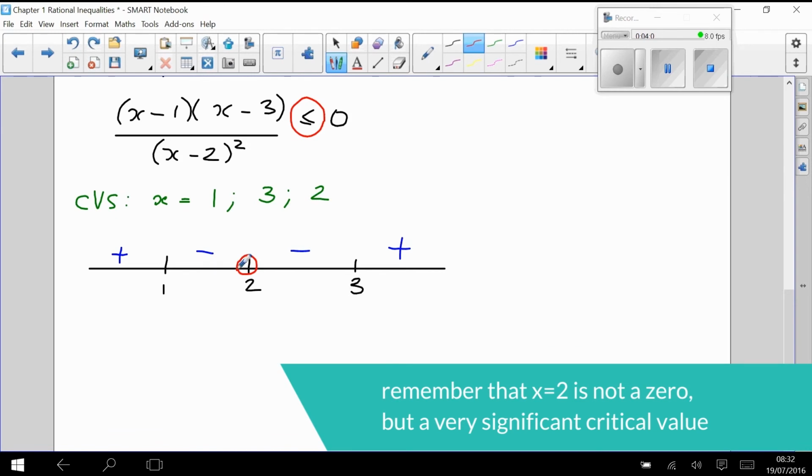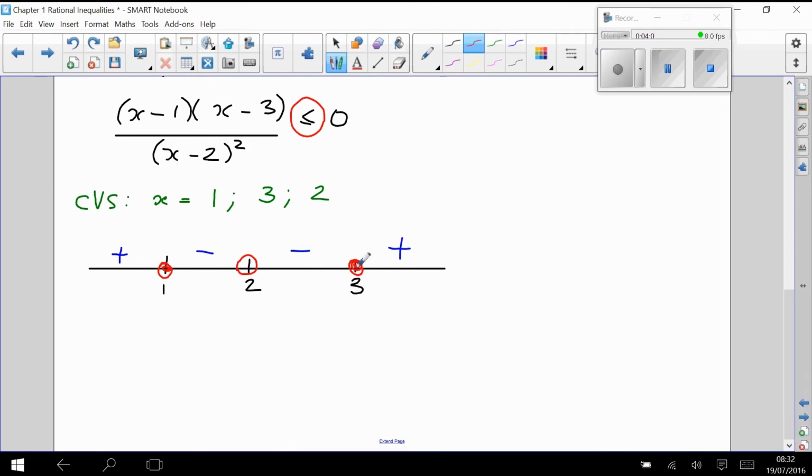As I'm looking for the less than and equal intervals, I can use the critical values when x is 1 or when x was 3. And now reading off the minus intervals, which are the y values which have negative numbers, it would be the intervals between 1 and 2 and from 2 to 3.